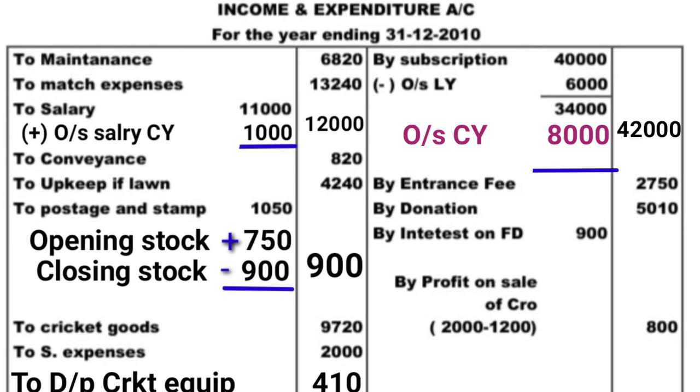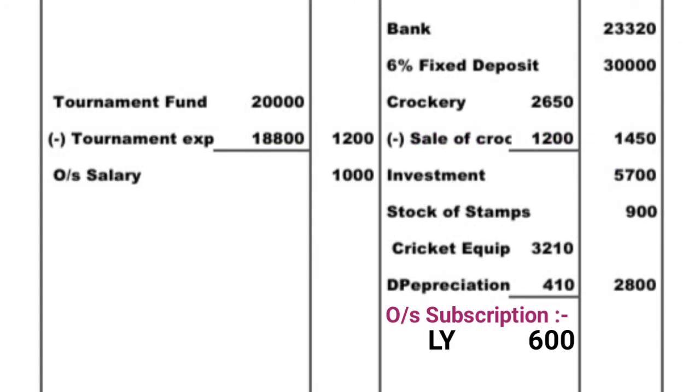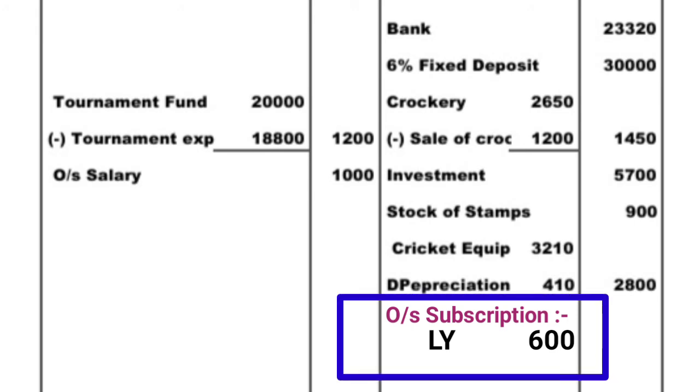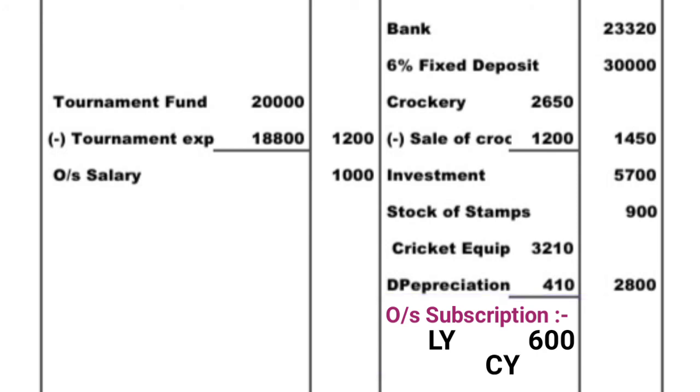And also this outstanding 8,000 we will add in the current year balance sheet with old outstanding. So 600 plus current year outstanding 8,000 is equal to 8,600. Here 600 is the old balance, old outstanding, and 8,000 is the new one, right?